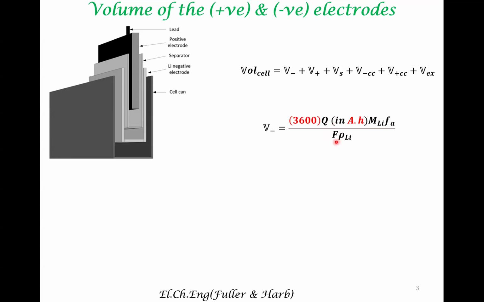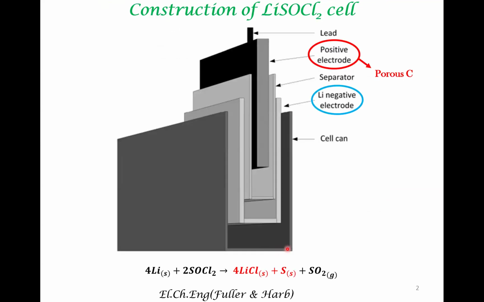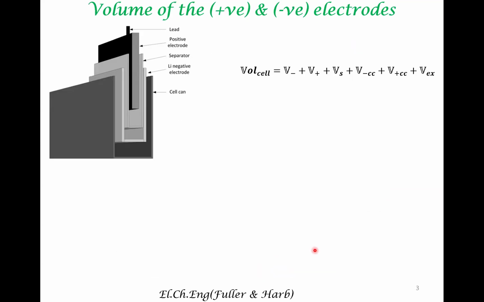This is the Faraday's constant, this is the density of solid lithium. So the volume of solid products that is formed depends upon the mass of lithium chloride divided by this quantity, mass of sulfur divided by density of sulfur, and so on. This 4 comes from the stoichiometric coefficients.